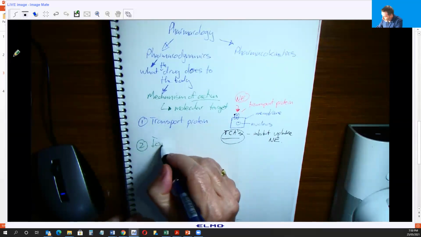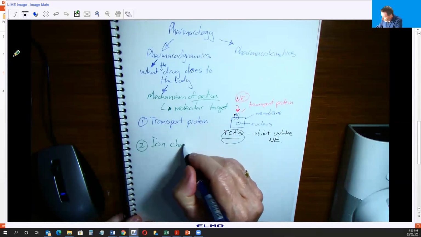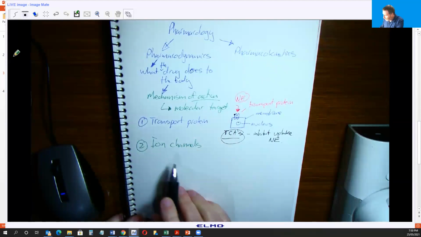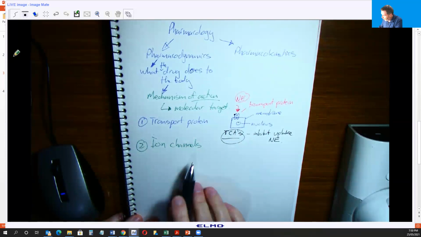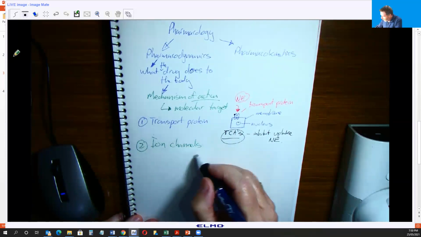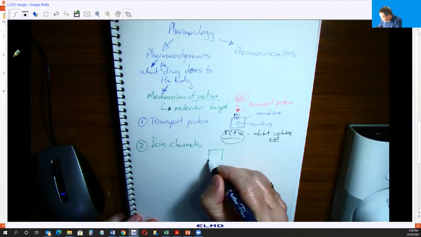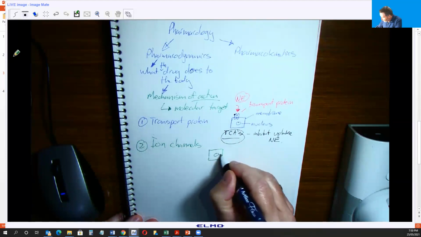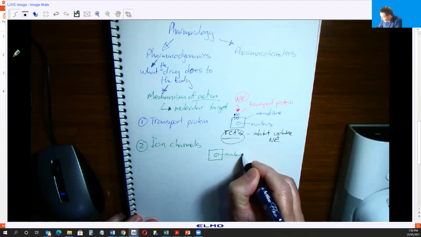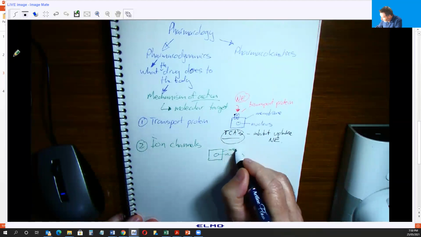In the cells of our body, there are channels called ion channels. For example, if I draw a cuboidal cell, there's the nucleus in the middle, and there's the membrane.